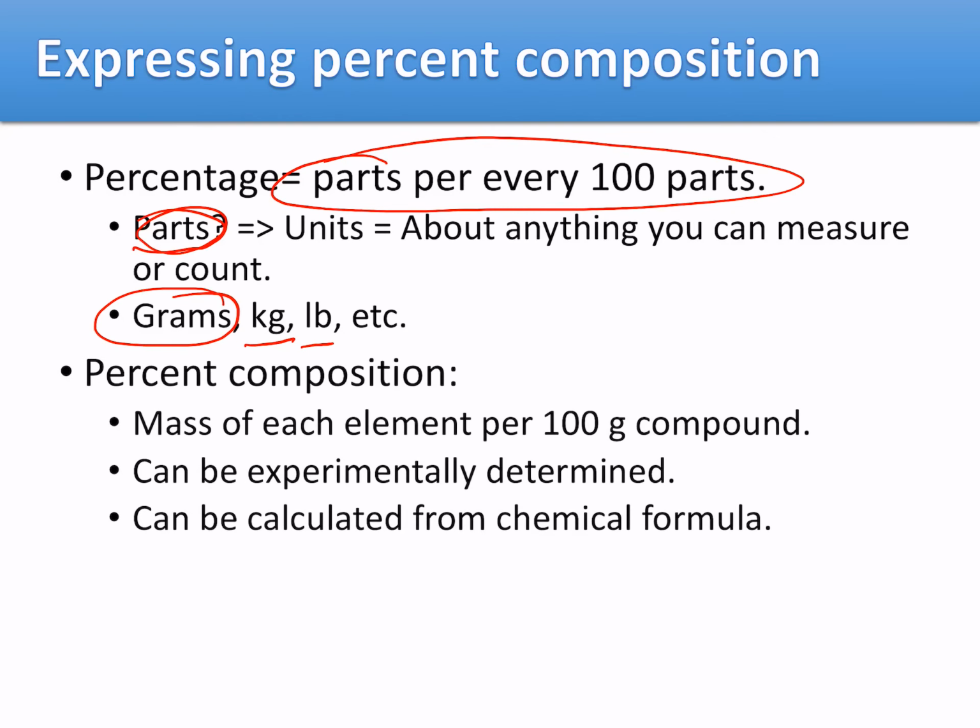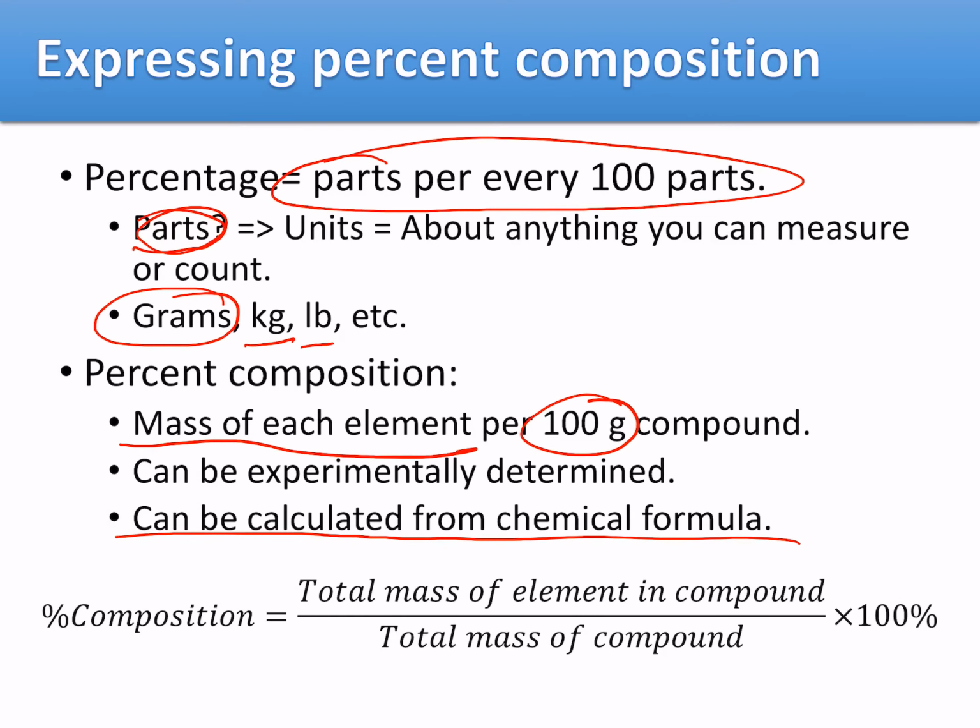Now the percent composition, when it's referring to compounds, expresses the mass of each element, and the basis is 100 grams of compound. These are numbers that you can actually determine experimentally, and that's what we call elemental analysis for a particular compound. But we can also calculate it from the chemical formula, and that's mostly how we're going to do it. So either you have the mass data for the elements in that compound, or you can calculate it from the chemical formula.